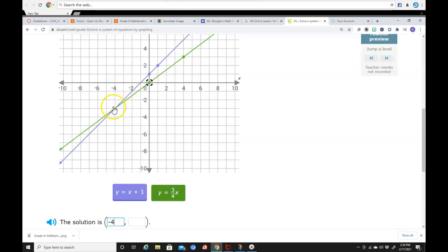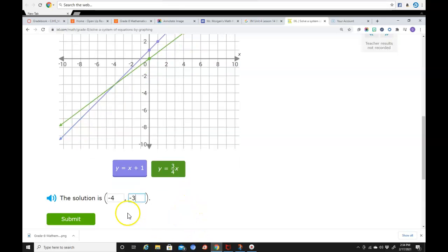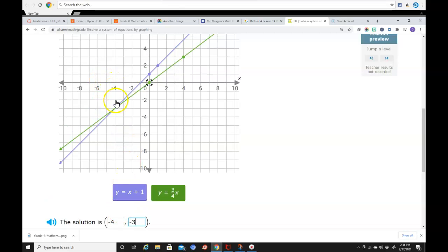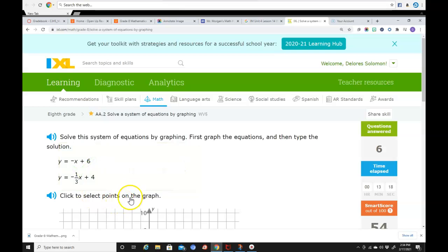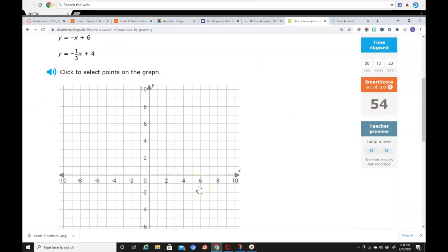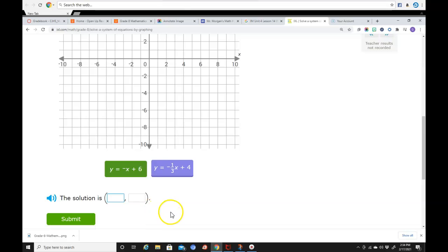The x value is -4, excuse me. It goes first on x, -4, and then it's going down 3, so that's going to be -3 on the y. Okay, so our solution of this would be -4, -3. That's where the two lines intersect. Okay, so go ahead and try some more of these on your own now. I hope this helped you.